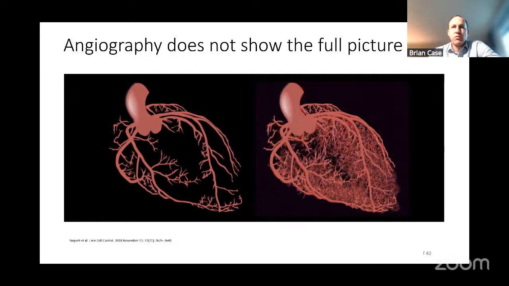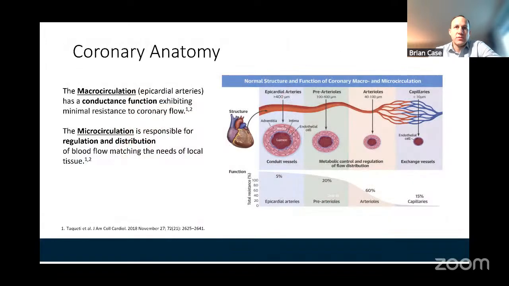But on the right, you can appreciate that the circulation within the heart is much more involved. There is a complex network of prearterioles, arterioles, and capillaries that help regulate the overall blood flow to the heart itself. So when we do an angiography, we're seeing the picture on the left but missing all of this on the right. And why is this important?